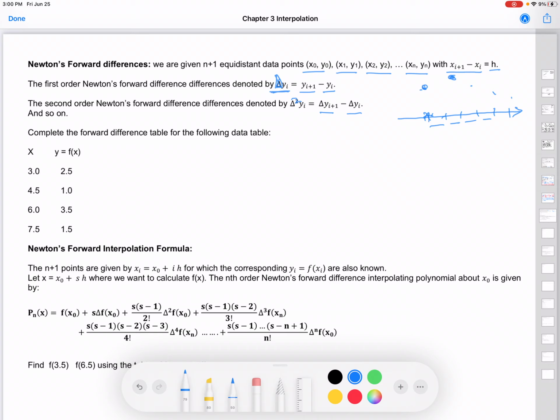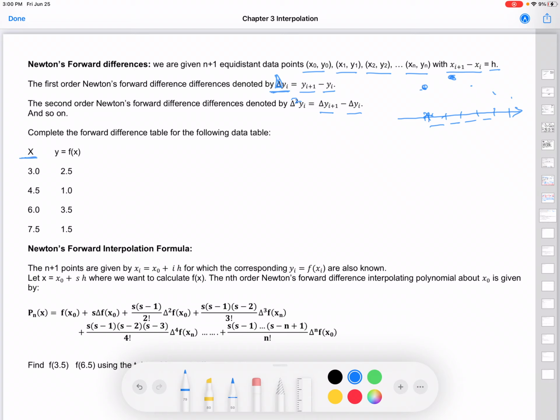For Newton's forward difference and Newton's backward difference, you need to complete the table of differences, and they will give you the same values. The forward difference table and backward difference table will have the same values, but their positions will be a little bit changed.